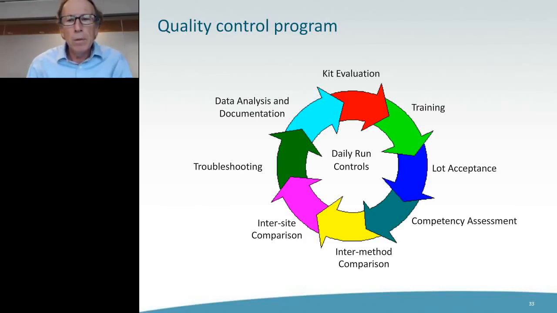Now, I think one of the most important messages from this presentation is to remember how the daily run controls are central to any QC lab program. So you can use these run controls, these third-party controls, for evaluating new kits, training new technicians, lab-to-lab comparisons, lot acceptance, inter-method comparisons, inter-site, and of course, and most importantly, troubleshooting when assays start to drift and fall out of specifications.